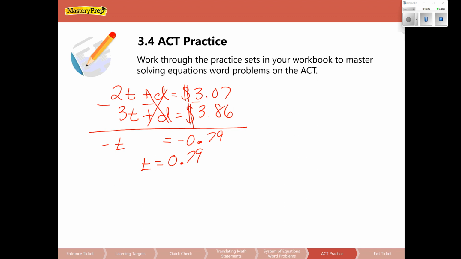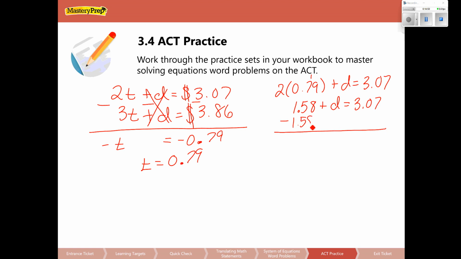And now we can plug it back in, because we can pick the first equation. We can do 2 times 0.79 plus d is equal to 3.07. Well, 2 times 0.79 is going to be 8, carry the 1, 15. So 1.58 plus our drink is equal to 3.07.